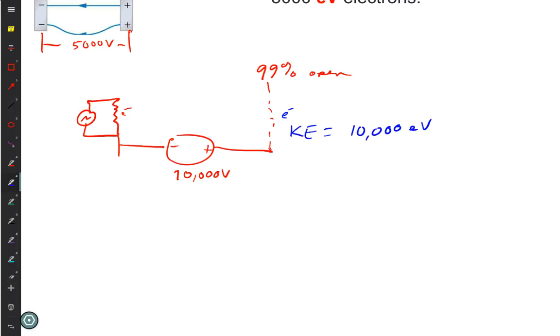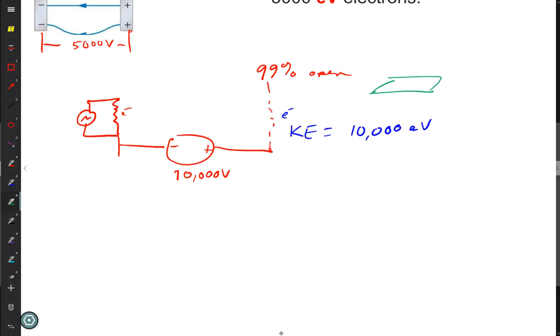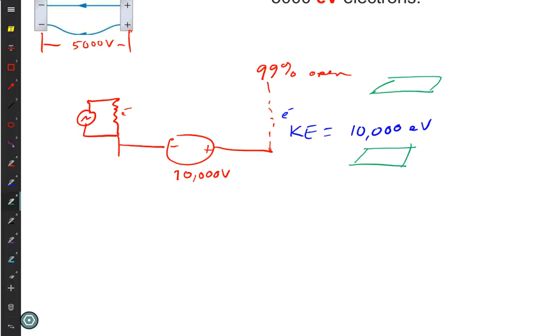Well, how are you going to deflect an electron? Yeah. And so after the electrons come out of here, then you put 2 sets of plates. One set of plates that are aligned horizontally, and you put a voltage difference across those.